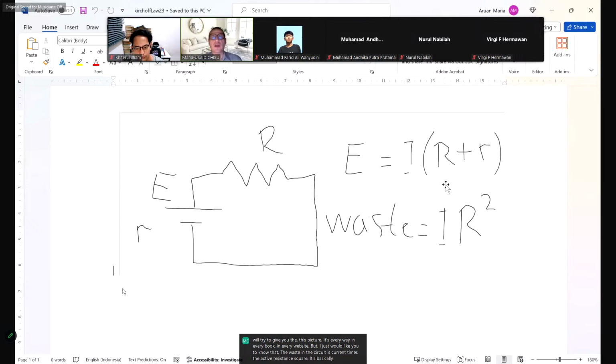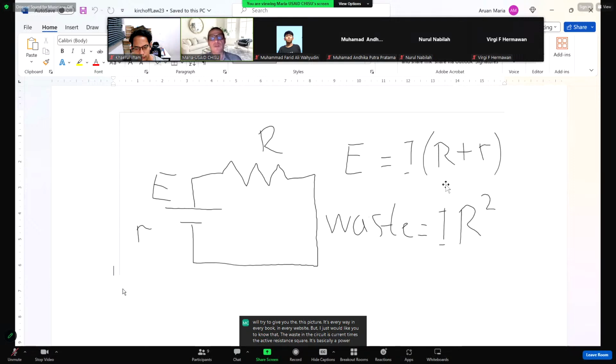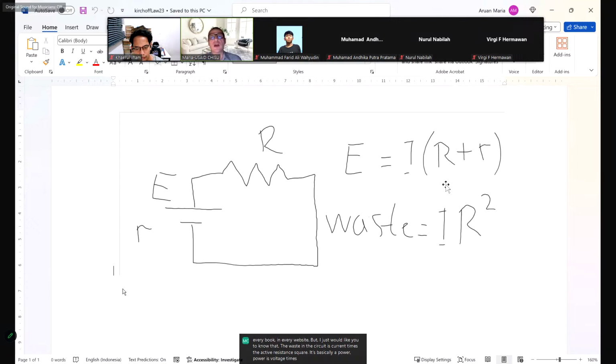It's basically power. Power is voltage times current, right? But using Ohm's law, we can rewrite voltage as basically voltage through the resistance. So in this case, we have waste equal to I times R squared.